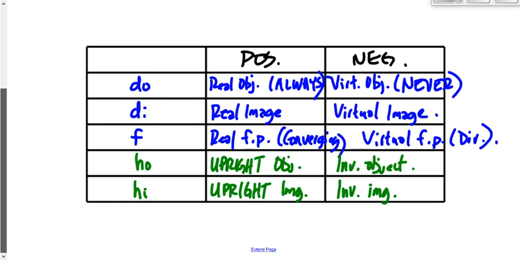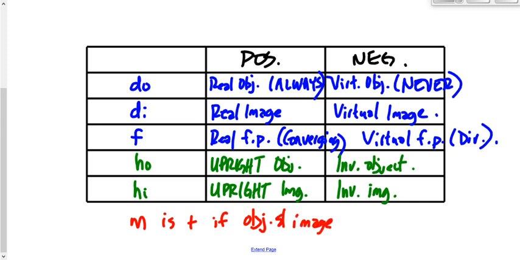One last one doesn't fit with any of them, so we make it separate. It's magnification. Magnification is positive if the object and image are on the same side of the principal axis.